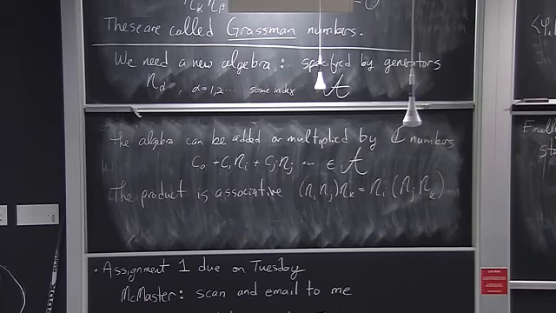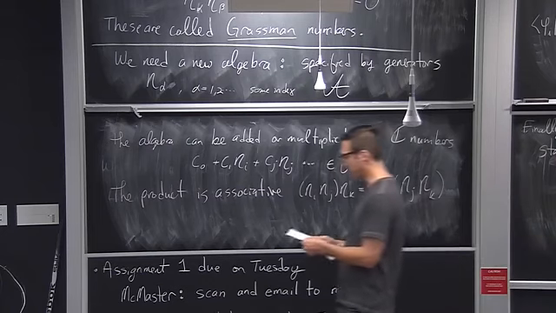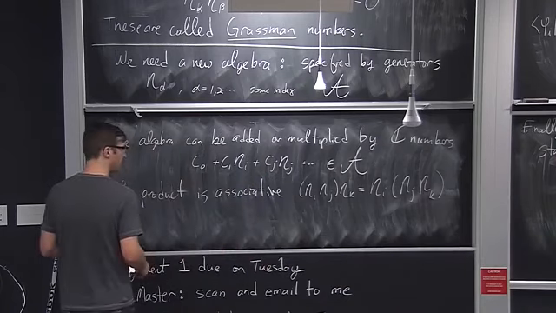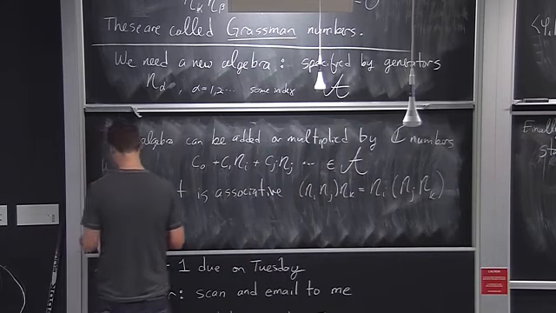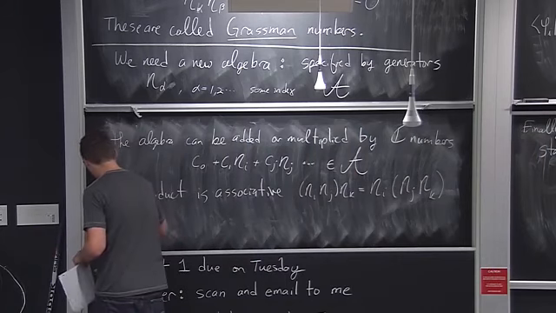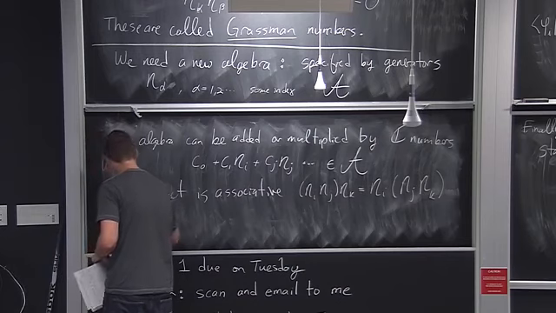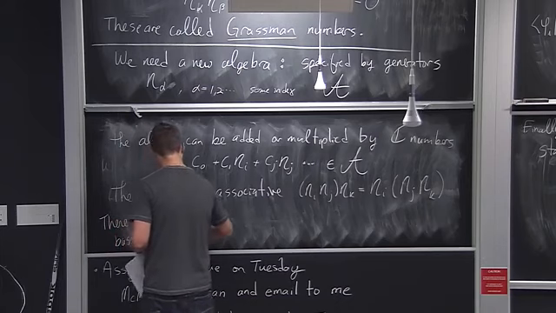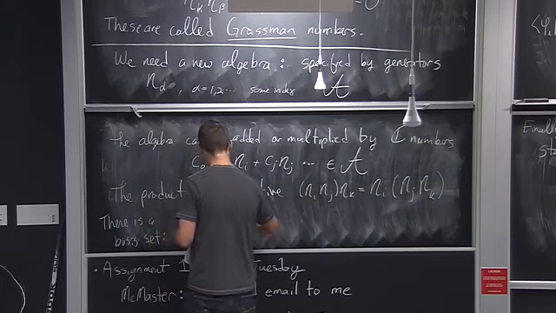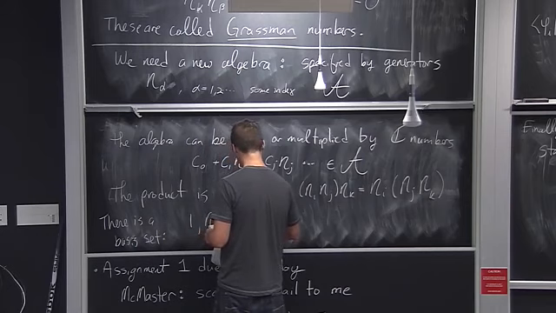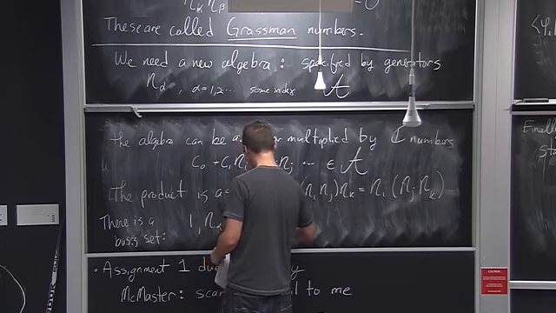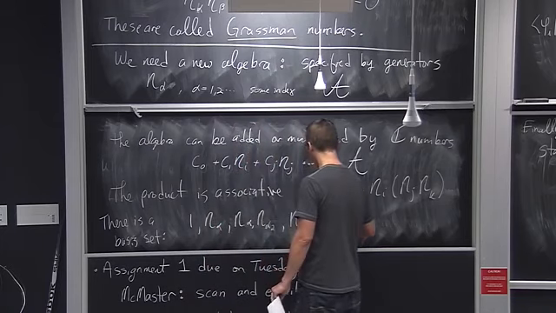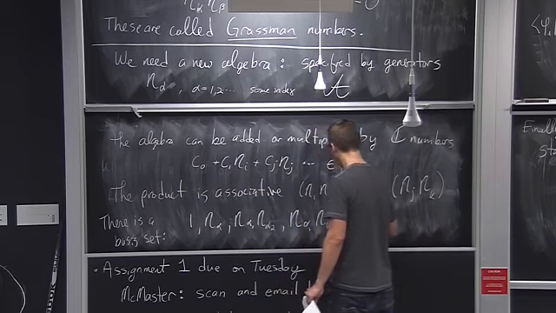There's a basis set for the algebra, so a number in the algebra is defined with this basis set. It's a set of all elements and their products: alpha 1, alpha 2.